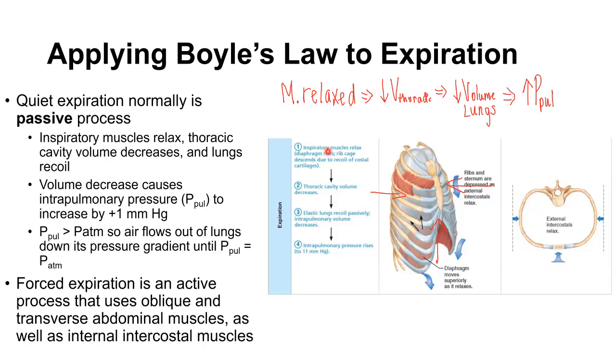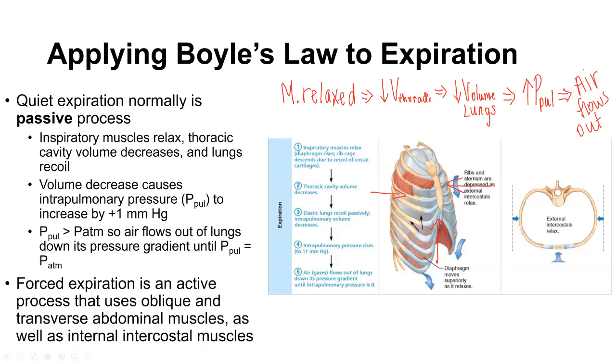Now that pressure has risen in the lungs, it wants to go to a place where there's lower pressure, and there's lower pressure in the atmosphere. So as the pressure in the lungs rises, air flows out of the lungs back into the environment.